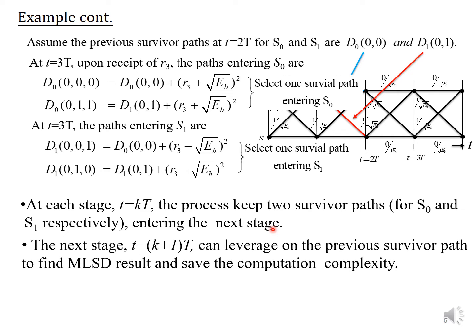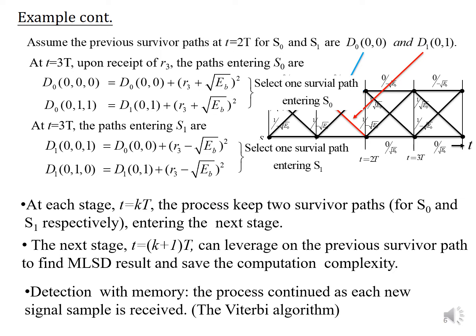So we can leverage the previous survival paths to find the maximum likelihood sequence detection result. Instead of comparing all the possible paths at the end, when we collect k symbols and compare all the combinations of paths, we can use this survival path strategy to reduce the computation cost.